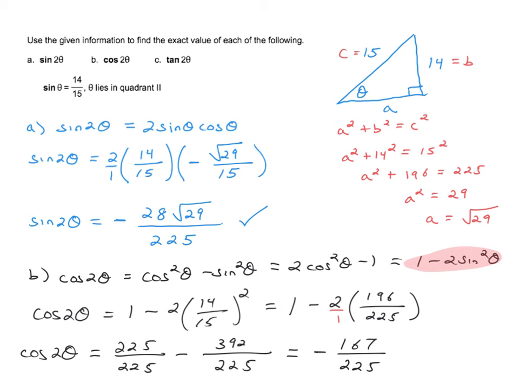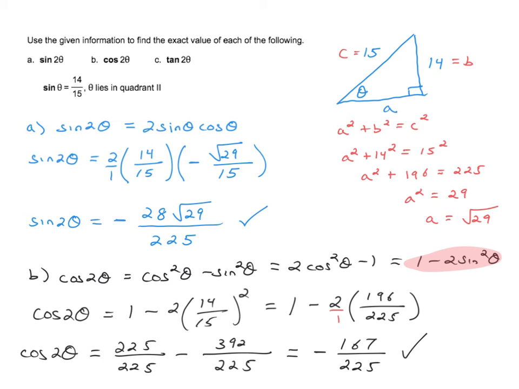And then the question is, maybe this fraction could be reduced. So I'm just going to check to see if there's any common factors between the numerator and the denominator. And I don't see any. And because of this, this is the final answer for part B.